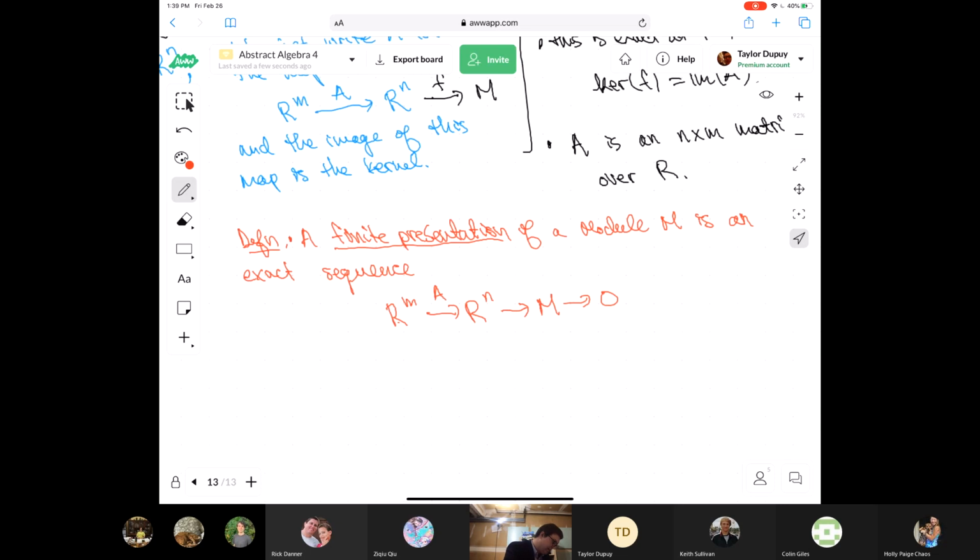So this is surjective, and then this map is not necessarily injective, right? And so a module M over a ring R is finitely presented if it comes with a finite presentation.